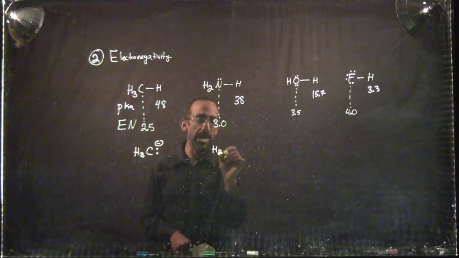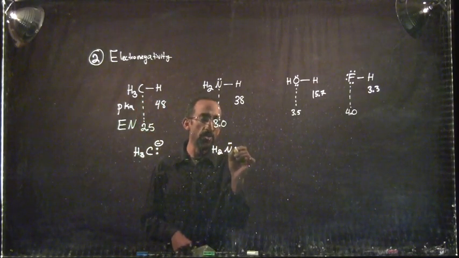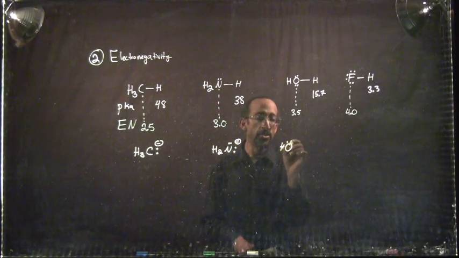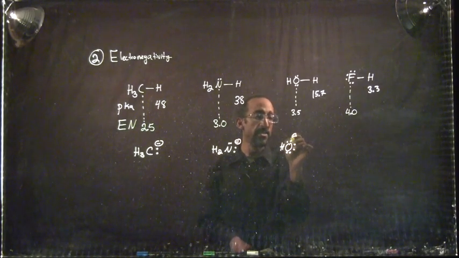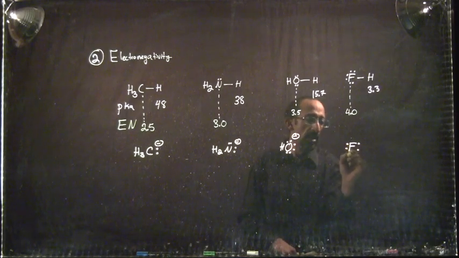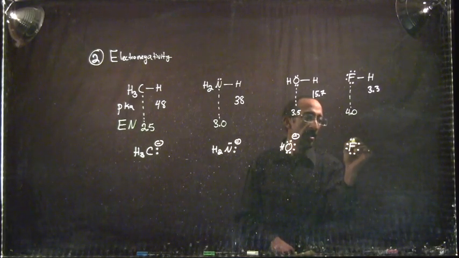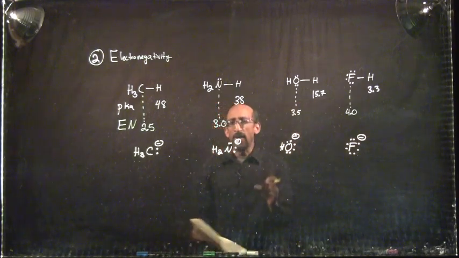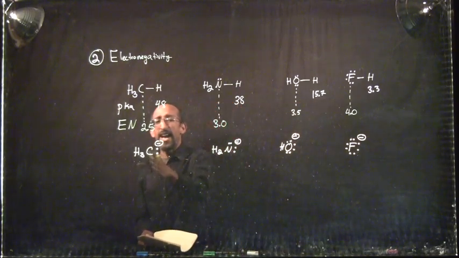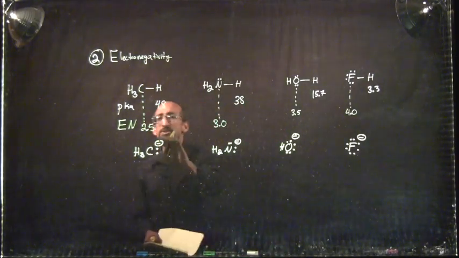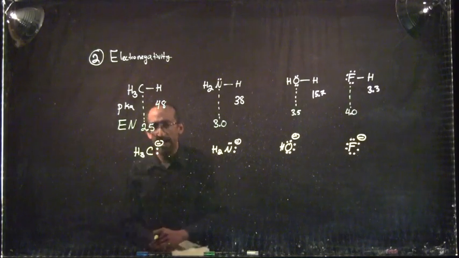We'll have H2N minus, here now we have two lone pairs, OH minus, or F minus. We can think about how the electronegativity of that atom, carbon, nitrogen, oxygen, or fluorine, affects that new lone pair on our conjugate base?